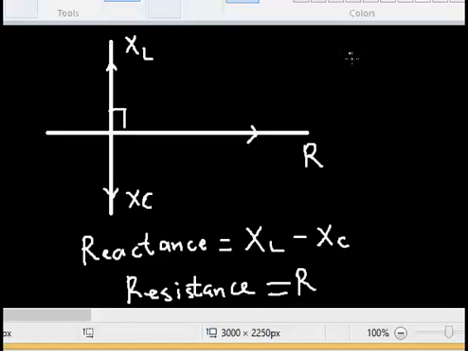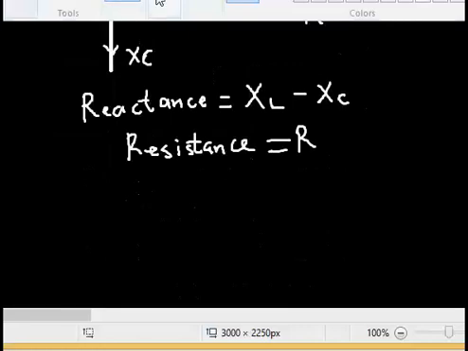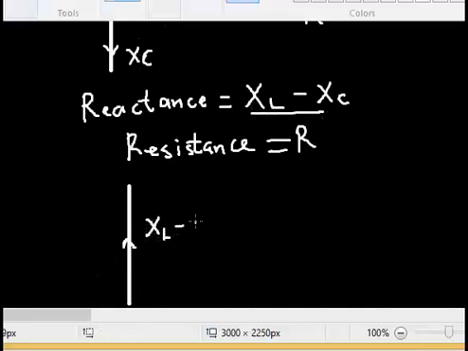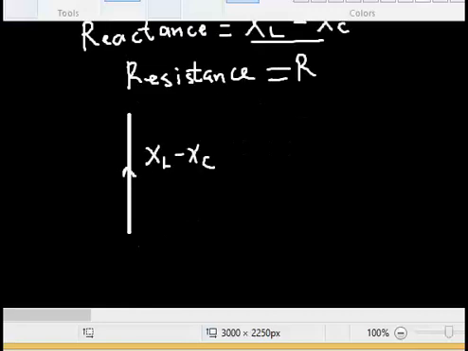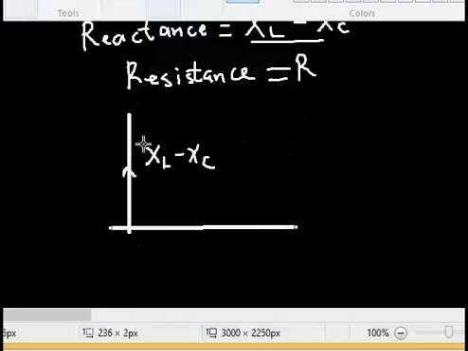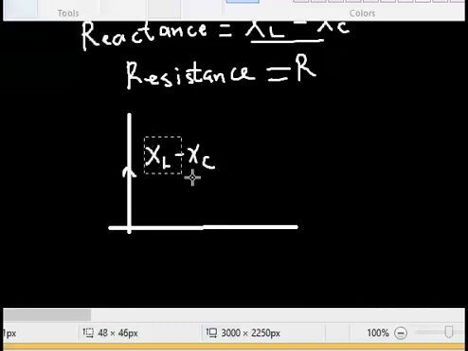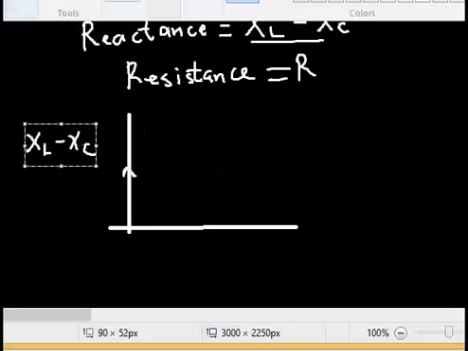If I draw this, the vertical represents the reactance, and the horizontal is the resistance.